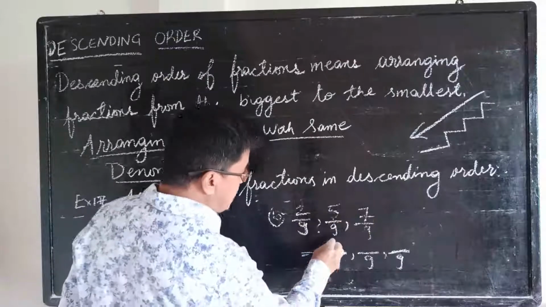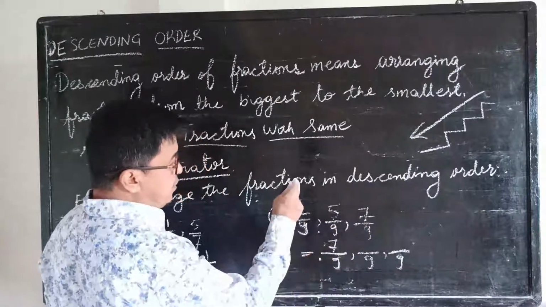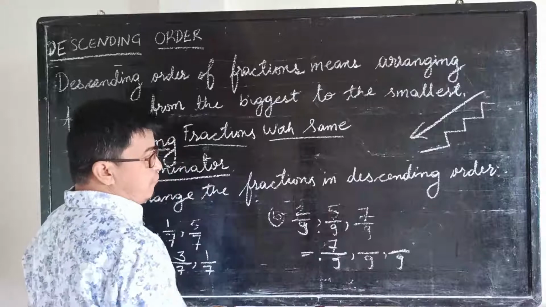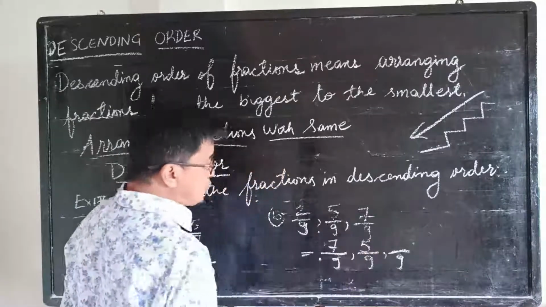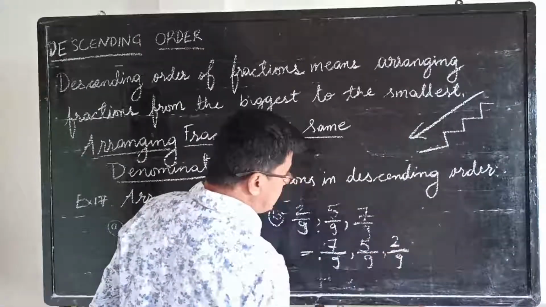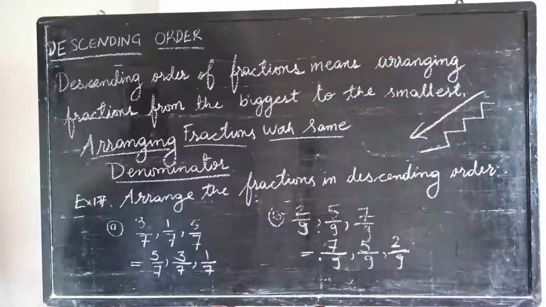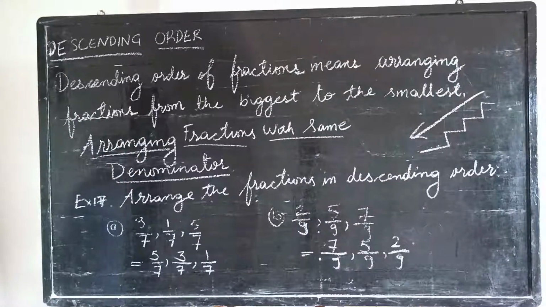Which is the biggest? 7. Now 7 is finished. 2 and 5, which is big? 5. And the last one remaining is 2. So this way we can arrange the fractions in descending order when the denominators are same.